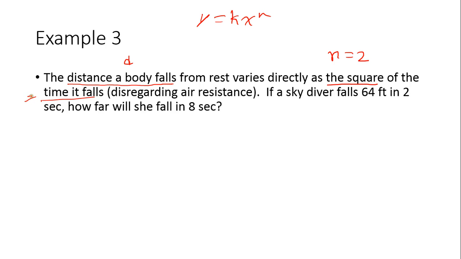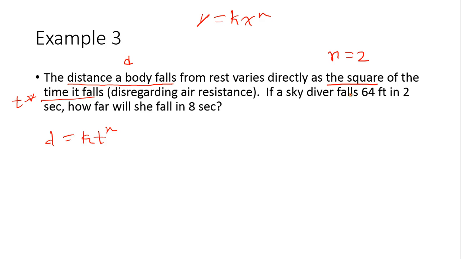We'll call that t. So we have d equals some constant times t to the n. Or we could have called it y and x, but I like to give the variables meaningful symbols so that we can remember what they stand for.